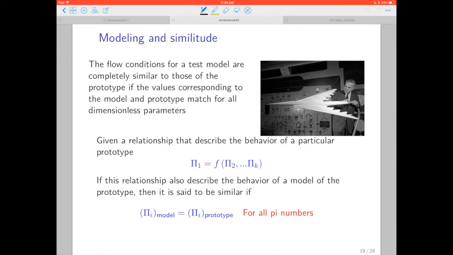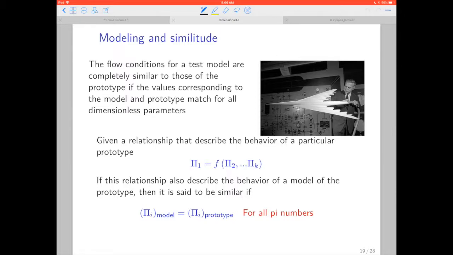So what we do is we use scale models. So we have probably a wind tunnel, and we have a scale model like the one in the picture. So we can measure things and compare the results and see what is expected in a real situation. So in a way, experiments and mathematical models are more or less the same.